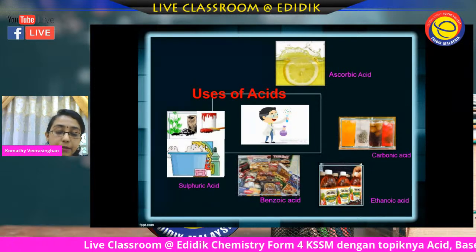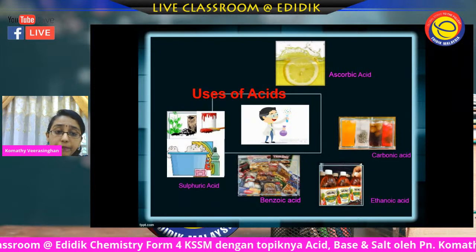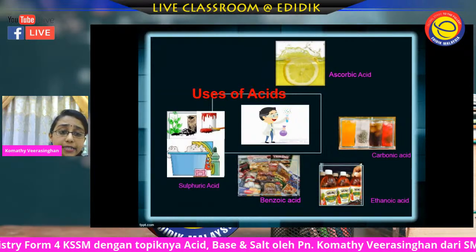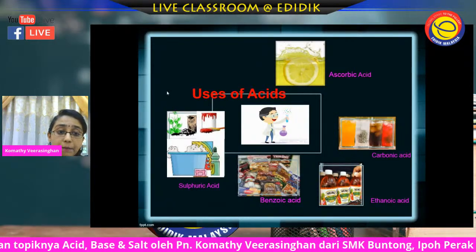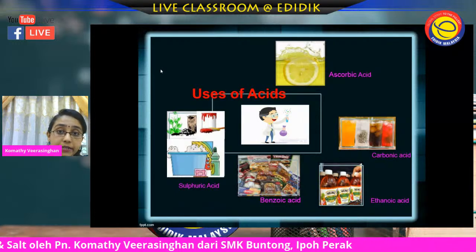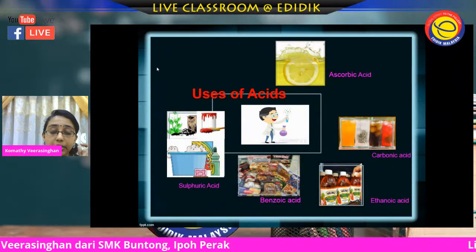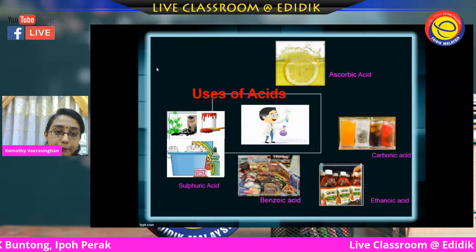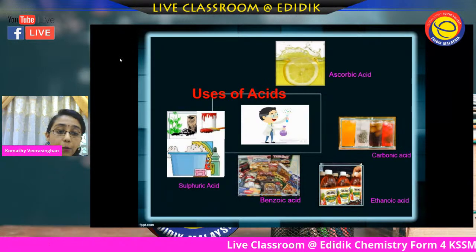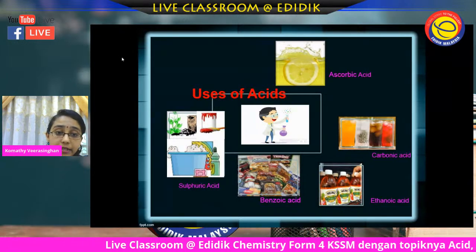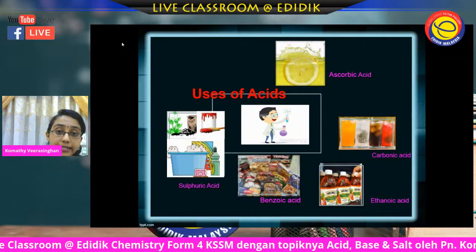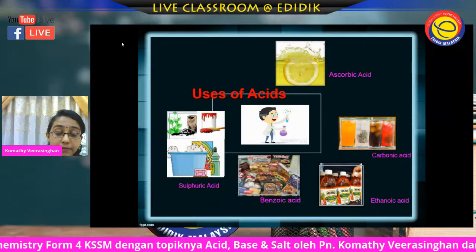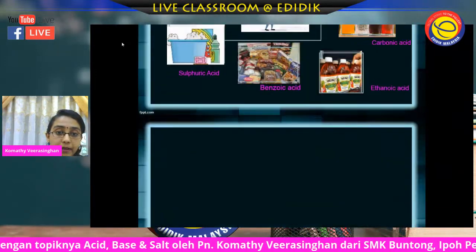That detergent is made up of sulfuric acid. Secondly, sulfuric acid is also used in manufacturing of paint. Sulfuric acid is one of the components in making paint, and the widest usage of sulfuric acid is in production of fertilizers. You know what fertilizers are? Baja, yeah? Okay.